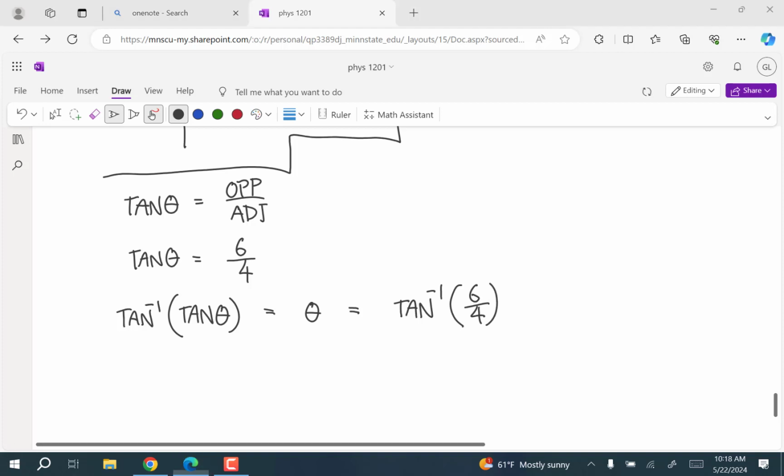Now you can plug that in to your calculator. Inverse tangent of 6 divided by 4 is 56.31 degrees.